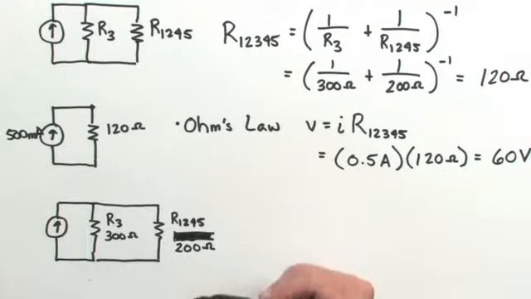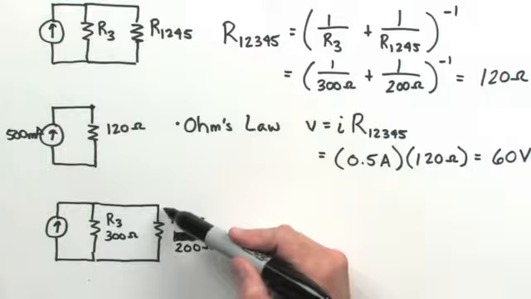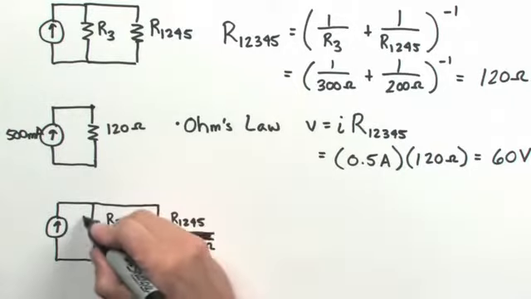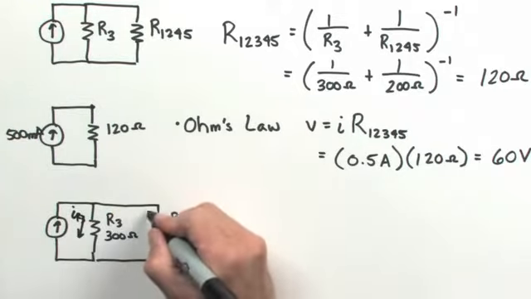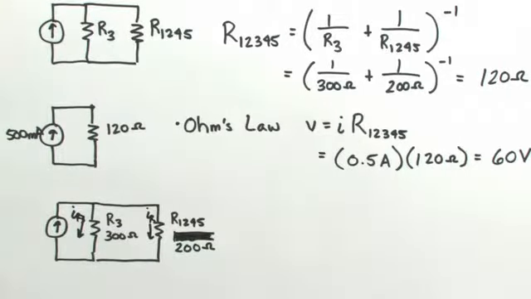Because these two elements are in parallel with each other, I know that they will share the same potential, or have the same voltage across them, but they will have a different amount of current flowing through each of them. So I will call the current flow through R3 IR3, and I will call this the current flow through the entire equivalent resistance.